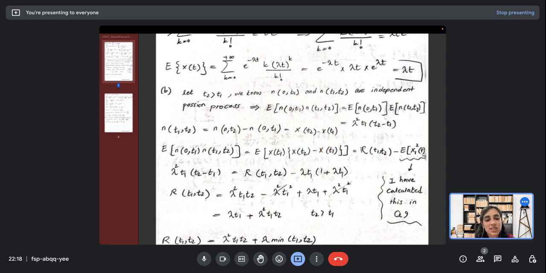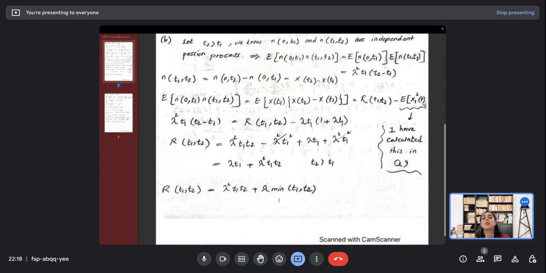In this calculation, we can see that R(t1, t2) has appeared, and we know the left side. We have calculated this before in the first lines. So we'll substitute this, and we will substitute this as I showed you and calculated in question number 9. So easily we can get to R(t1, t2).